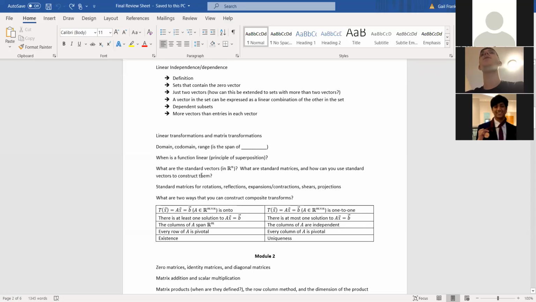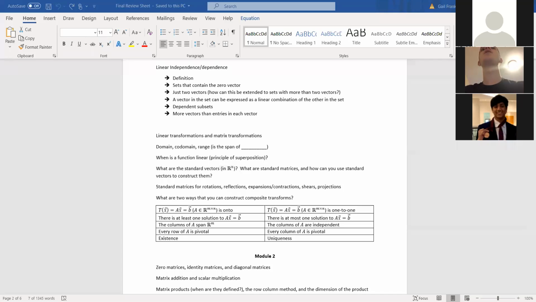Well, first of all, you can memorize them, or you can use the standard vectors. The standard vectors are just the columns of the identity matrix. So the standard vectors for R2 are 1, 0, and 0, 1. And let me pull up my notes and show you, that'll make more sense.